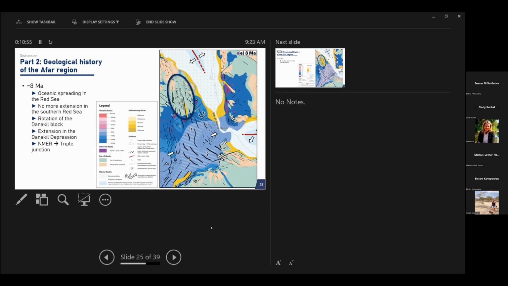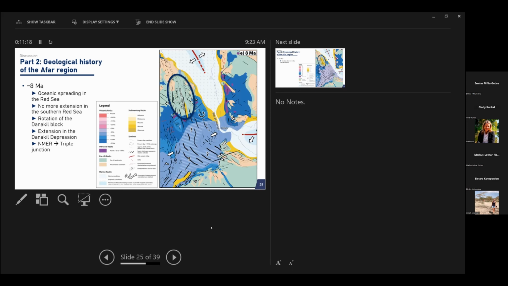We have the start of the oceanic spreading in the Red Sea, and we stop extension in the southern Red Sea. That's the point where in the Bab el-Mandeb area, we stop having extension, and that's the moment where we start rotating this Danakil block. That's the point where the wood model starts, and so that's the point where we start having extension in the Danakil Depression.